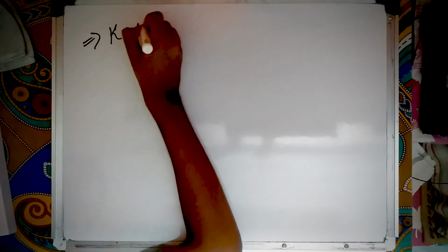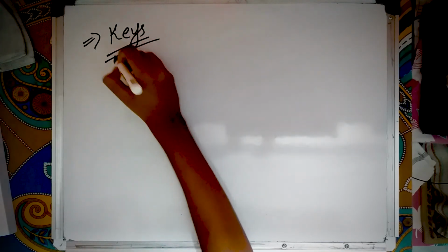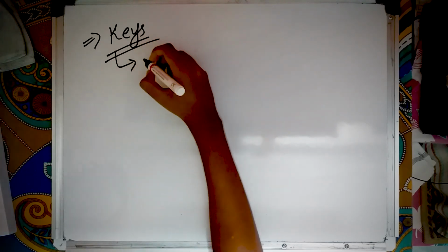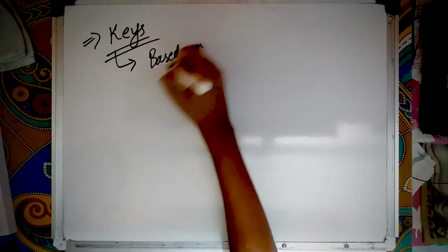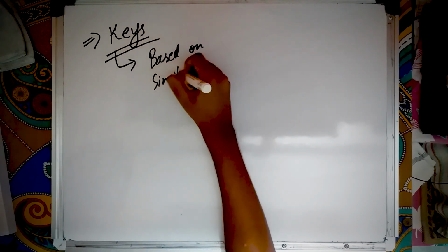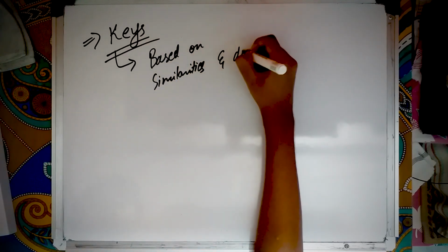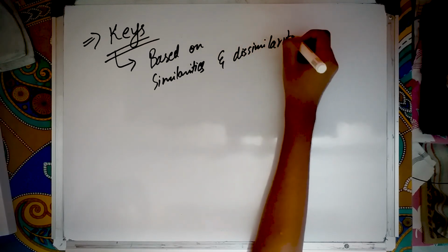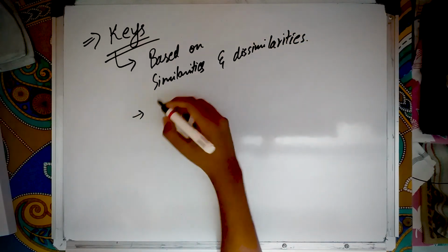Next, this is an important one, keys. Keys are the tools which help in identification of organisms based on similarities and dissimilarities, and they are generally analytical in nature.